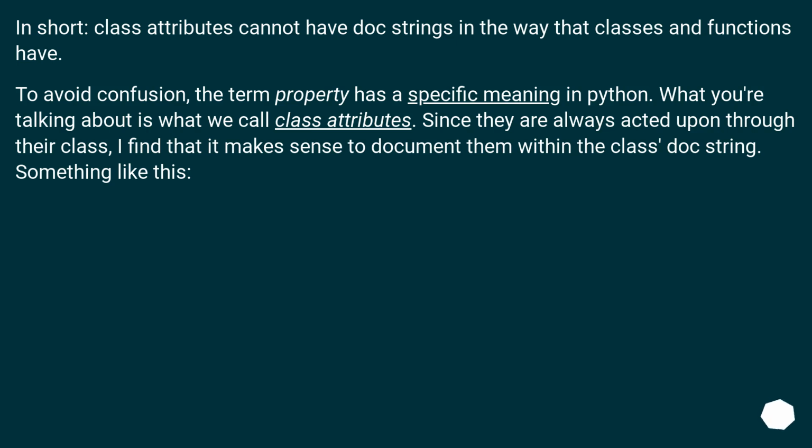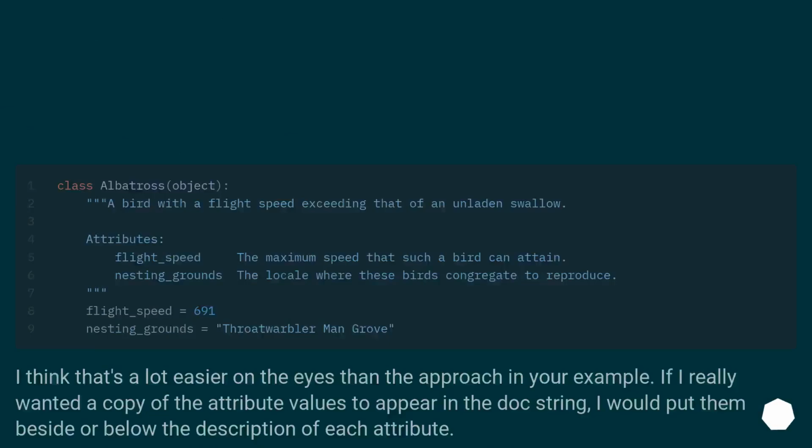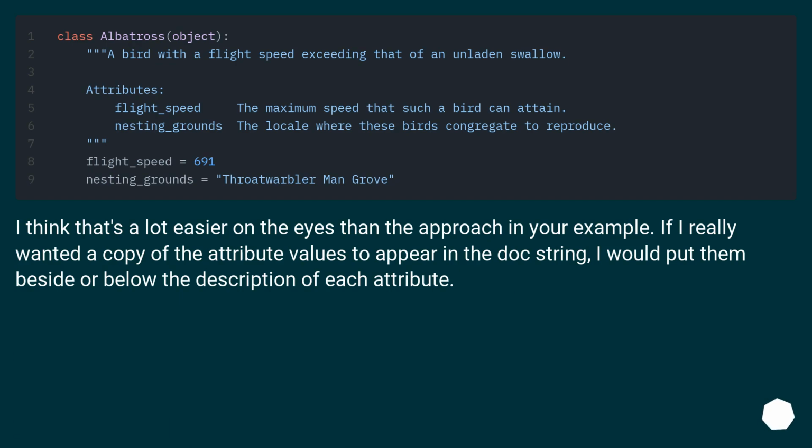Something like this. I think that's a lot easier on the eyes than the approach in your example. If I really wanted a copy of the attribute values to appear in the docstring, I would put them beside or below the description of each attribute.